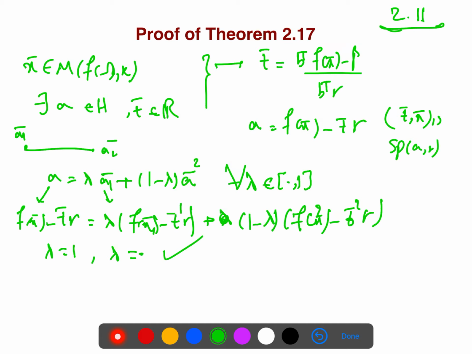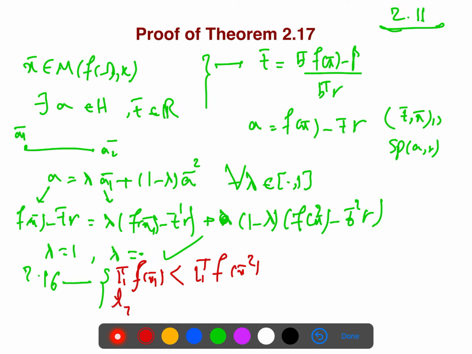Otherwise, we can use that lemma, I think 2.16, that says that L1 transpose f of x1 bar is less than L1 transpose f of x2 bar, and also L2 transpose f of x2 bar is less than L2 transpose f of x1 bar.